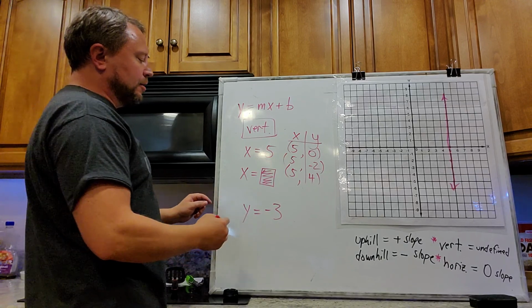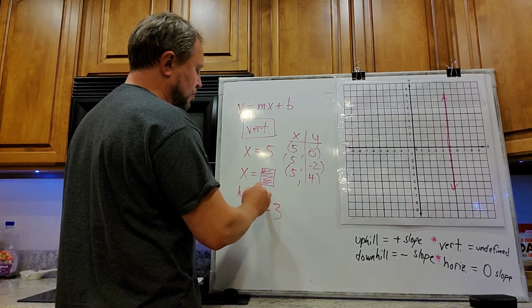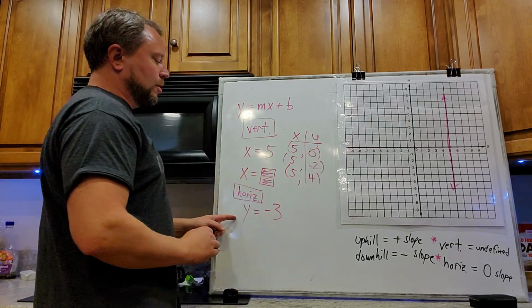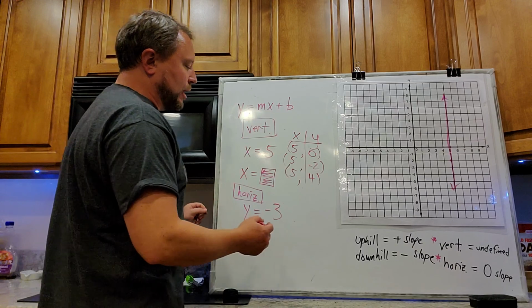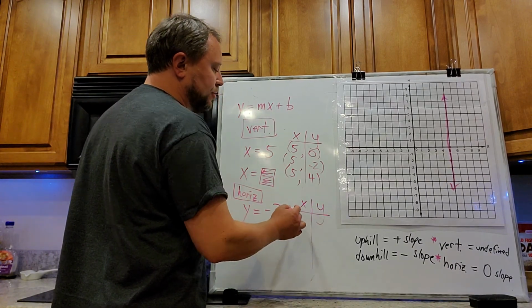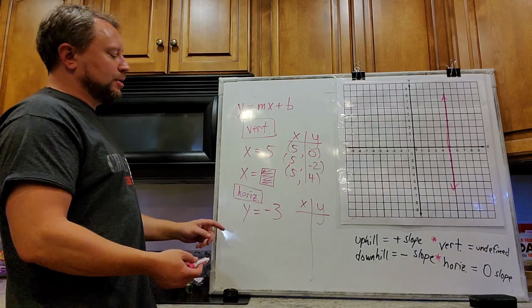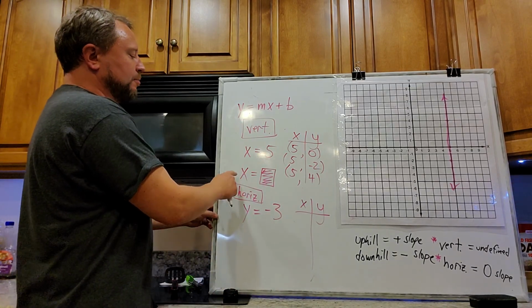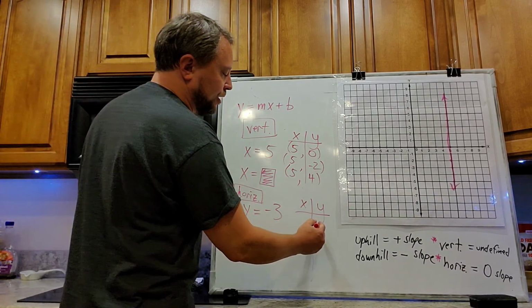Then this one down here, I think you're going to find is the horizontal one, where y equals -3. Instead of an x here in the front, it's got a y. Again, we can make a little table to kind of illustrate this. And again, when you look at your equation, y this time, not x, but y has been restricted to -3.